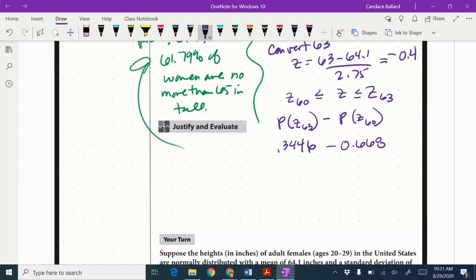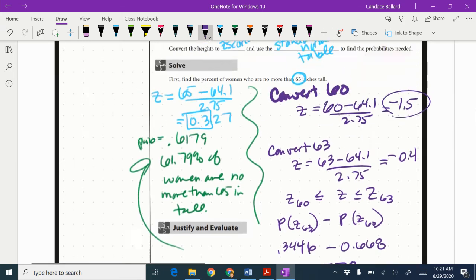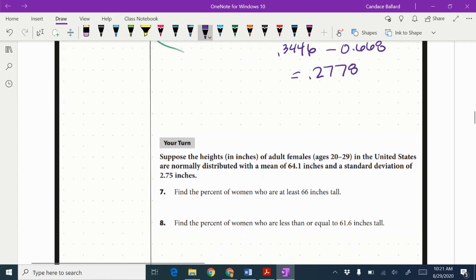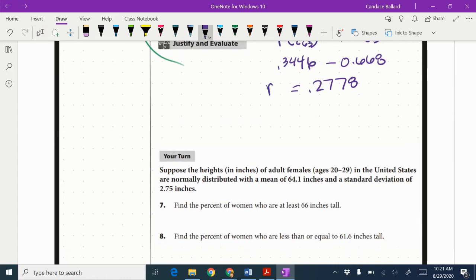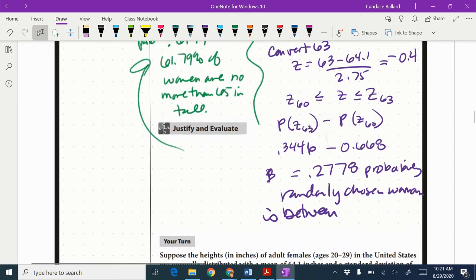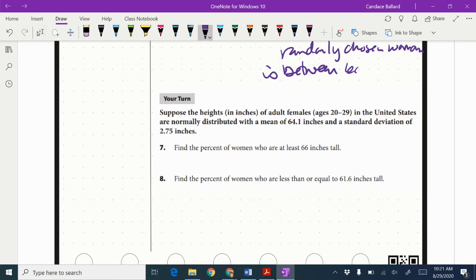So my probability is going to be 0.2778. And they did ask this time to leave it in probability. So this is the probability that a randomly chosen woman is between 60 and 63 inches tall.